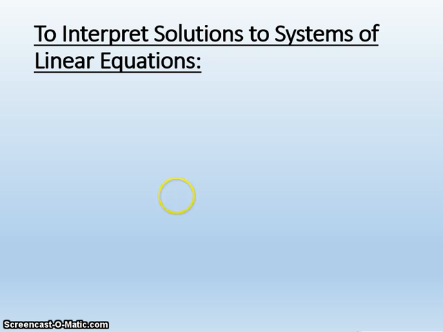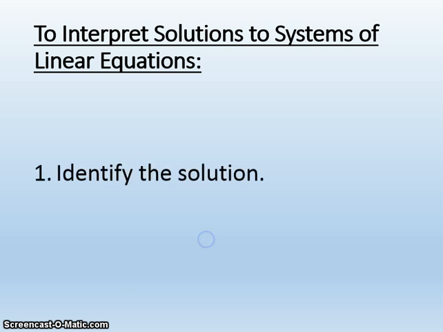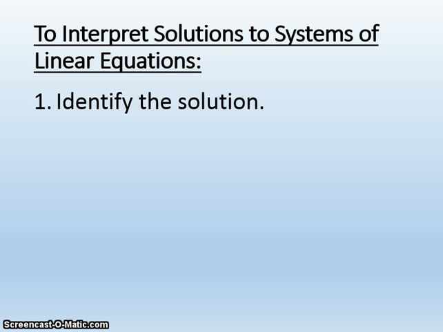So to interpret solutions to systems of linear equations, there are two steps. First, identify the solution. Find the solution on the graph, find the solution in the problem. You're going to also learn in part 2 how to find that solution using elimination and substitution, but for now we're just going to look at graphing, or I'm going to give it to you.